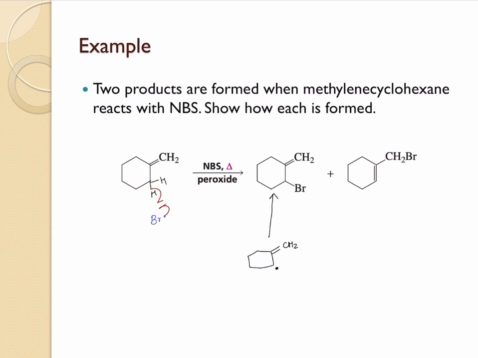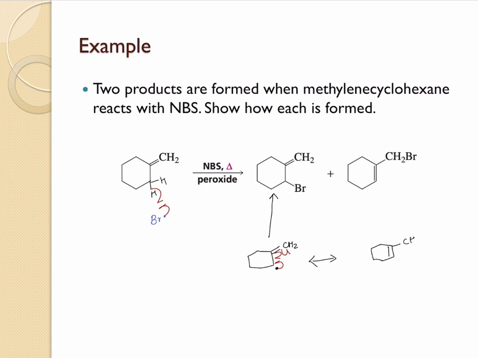Okay, but remember this allyl radical can also be in resonance with the other resonance contributor, where this electron can hop in here, trying to form a new pi bond, and one of the electrons from the pi bond is going to go to the other carbon. Okay, so thereby creating another allyl radical.